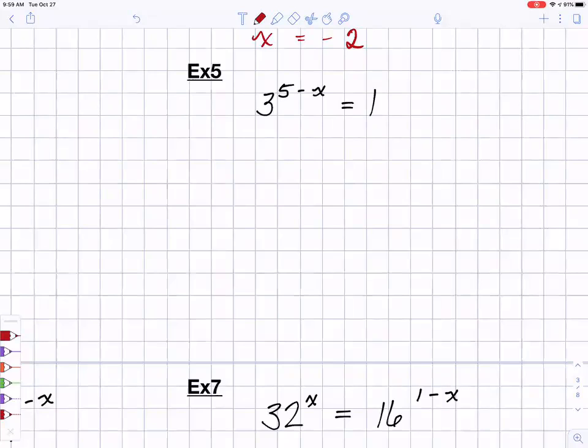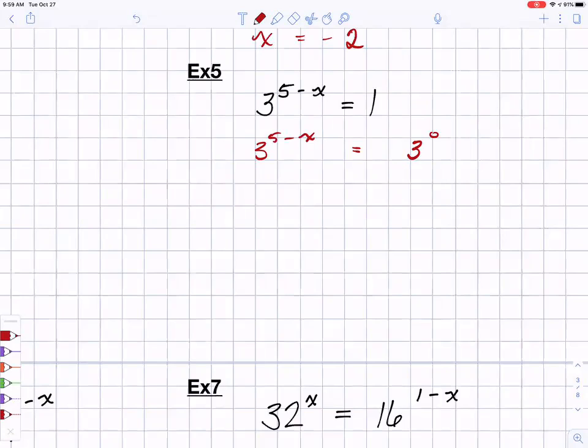Now, spoiler alert, we're going to get to the end of this and we're going to say, oh yeah, duh. Okay, so just be prepared. So let's leave the left side alone, 3 to the 5 minus x, and let's change the 1 into a 3 to the 0 power.